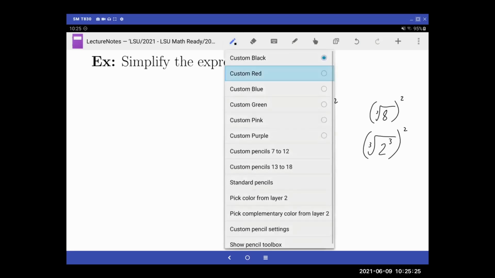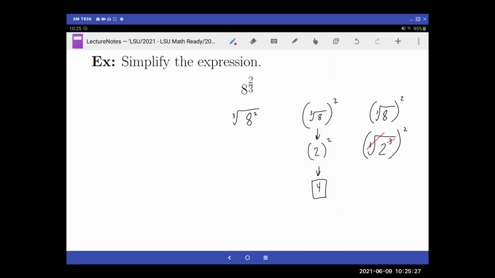And remember, the cube root will cancel out with a cube to leave you with 2 squared. Okay, that's another way to look at it. Same idea. You could do 8 squared first and get 64. Now that one's a little less obvious. What's the cube root of 64? Maybe you have that memorized.